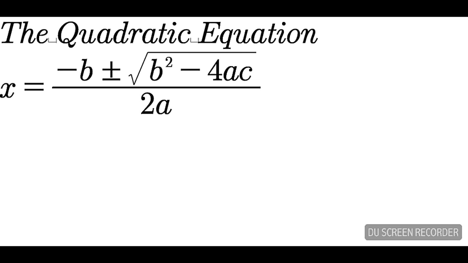So the quadratic formula, or the almighty formula, is given as x equals minus b plus or minus square root of b squared minus 4ac, all over 2a.